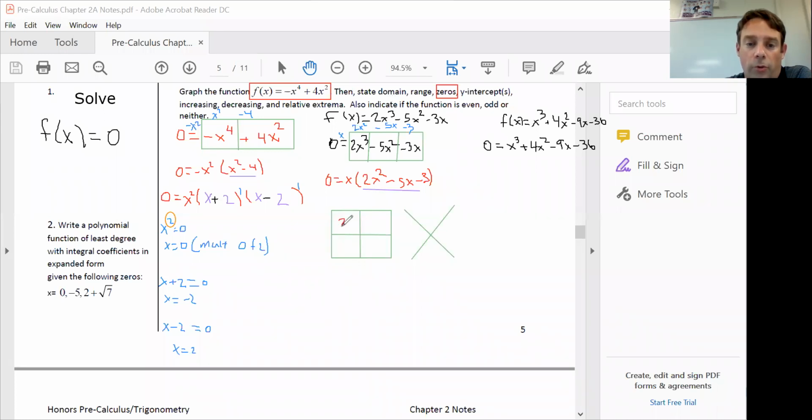All right, so 2x squared minus 3 minus 5x. 2x squared times negative 3 is a negative 6x squared. That looks like a negative 6x to me and a positive 1x.